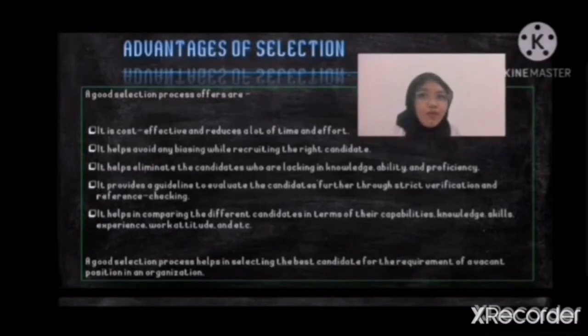It provides a guideline to evaluate the candidates further through strict verification and reference checking. And last is it helps in comparing the different candidates in terms of their capability, knowledge, skill, experience, work attitude, and others. A good selection process helps in selecting the best candidate for the requirement of a vacant position in an organization.